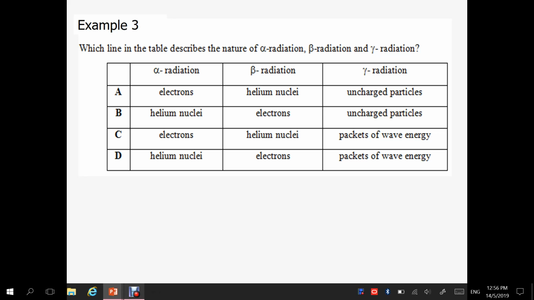You have 2 protons and 2 neutrons, so the answer is B or D. Beta radiation is only electrons, so again the answer is B or D. Gamma radiation, in B it says uncharged particles. This is wrong because gamma radiation is not a particle. It is a photon. It is an EM wave, so it must be packets of wave energy. A photon is a packet of wave energy.